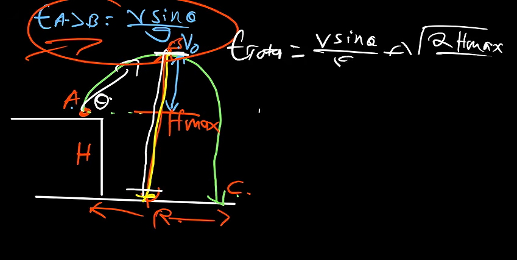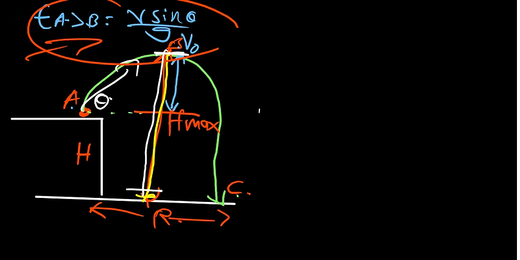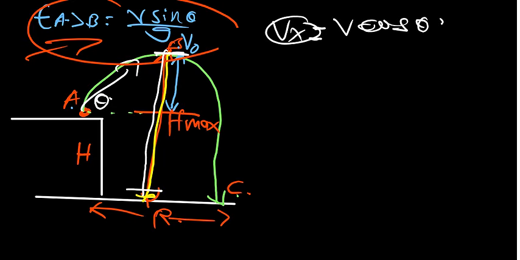Vx, which we are saying is V cos theta. You need to find the Vy. Always, Vx you just do directly: Vx is equal to V cos theta. But to find the Vy, you are going to use this formula.